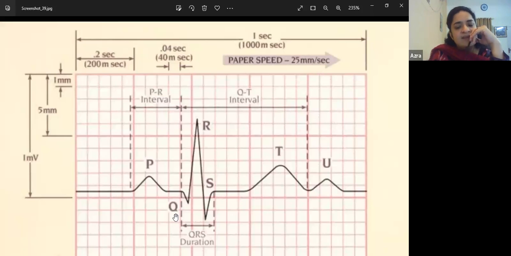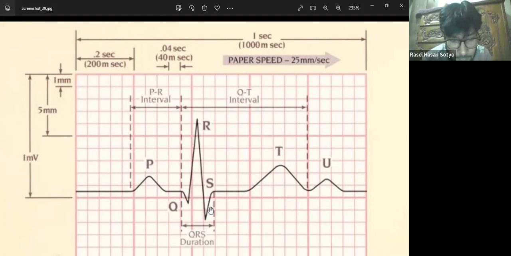The starting point of Q and the end of T is the QT interval.